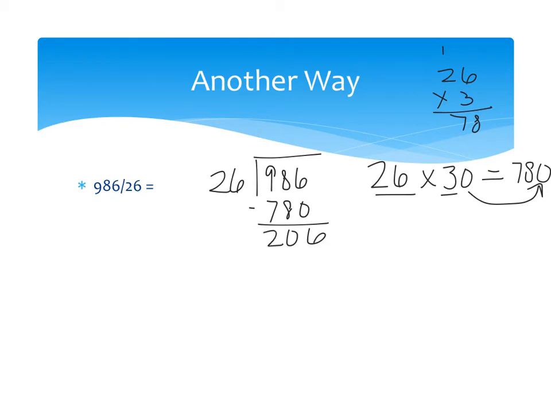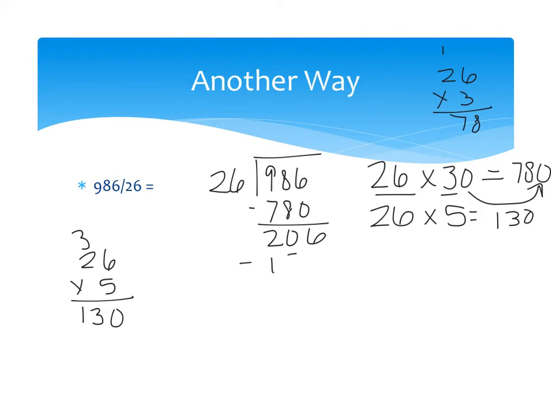I would get 206. Now I would need to find another multiple multiplied by 26 that would get me close to 206 without going over. Let's say I tried 26 times 5. 6 times 5 is 30. 5 times 2 is 10. Plus 3 is 13. That's less than the 206, so I could write it over here and subtract 130.